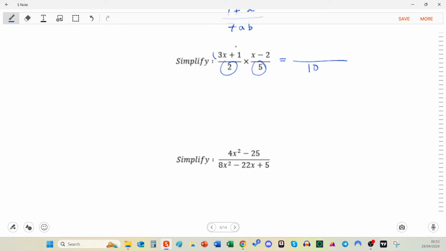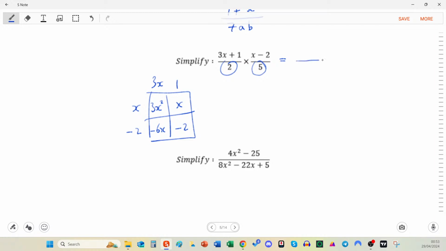The top a little bit harder, so we can draw a box down the side to be sure. 3x plus 1 and x minus 2. So we've got 3x squared, x minus 6x and minus 2. So let's just write that along the top. 3x squared. And these are common terms, the minus 6x plus x, so we end up with minus 5x and minus 2.